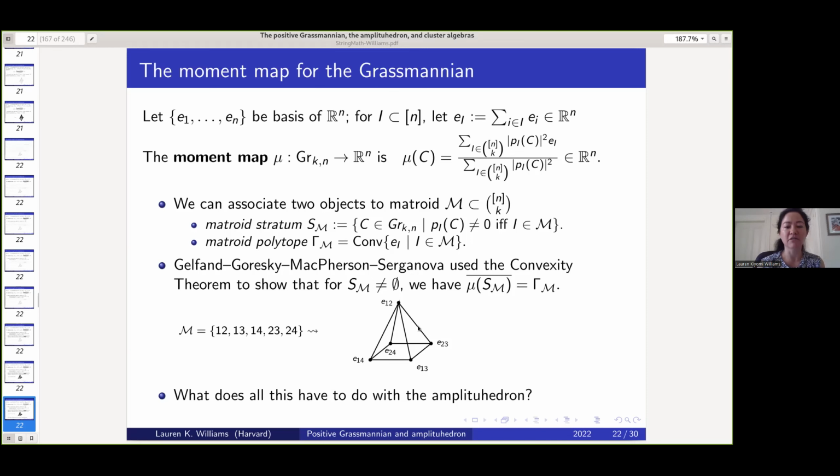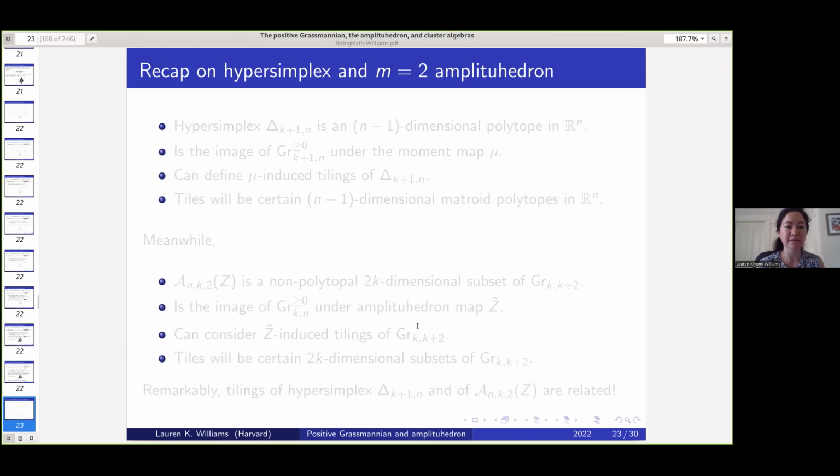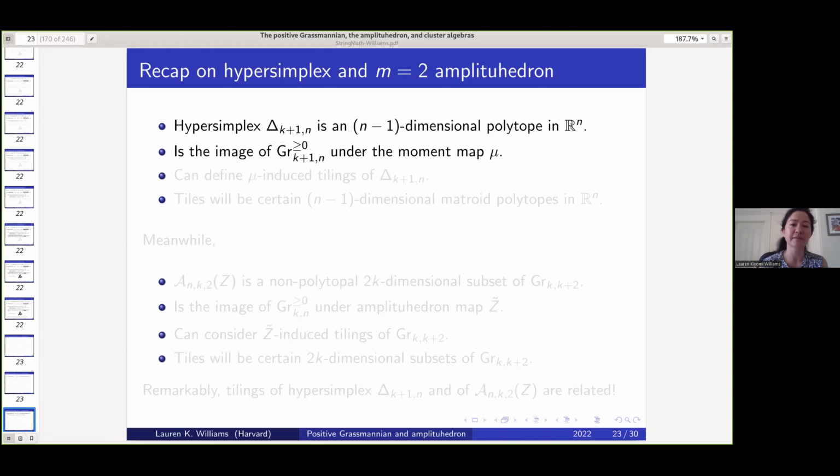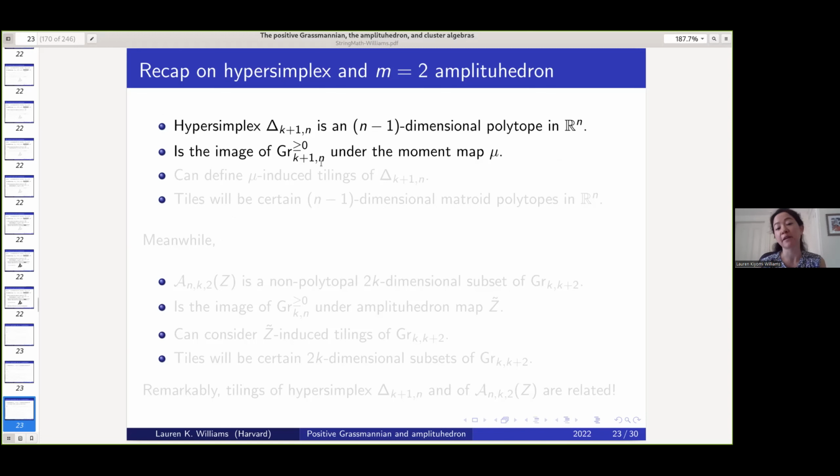Okay, so that's a review of the moment map. And now, what does all of that have to do with the amplituhedron? That's what I want to tell you. This is a summary of our two geometric situations. We've got the hypersimplex, an n-1 dimensional polytope in Rn. It can be viewed as the image of the positive Grassmannian under the moment map.